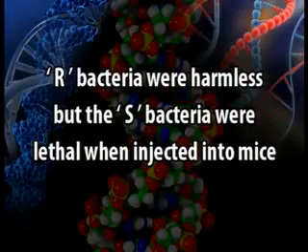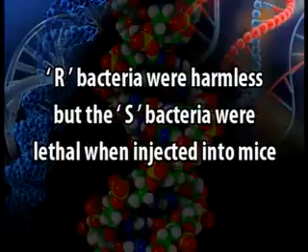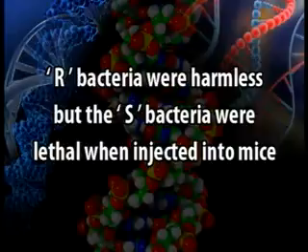The other strain is a mutant non-virulent type that grows in mice but is not lethal; the polysaccharide coat is absent, giving colonies a rough appearance. This strain is called R strain, or R for rough. Thus, the R bacteria are harmless, but the S bacterium, when injected into mice, causes death, so it is a virulent strain.